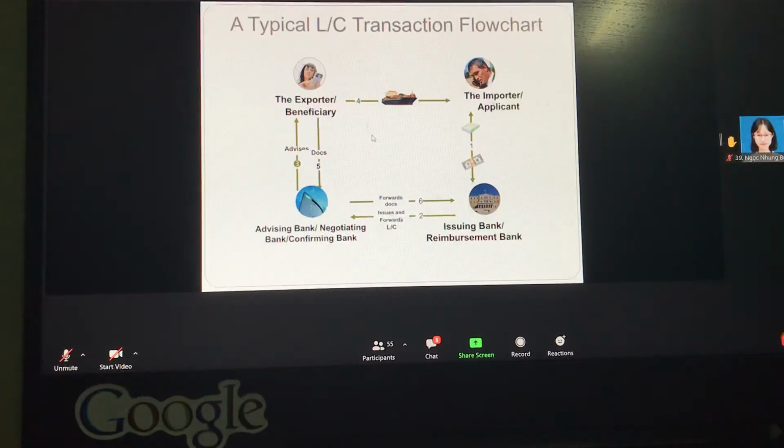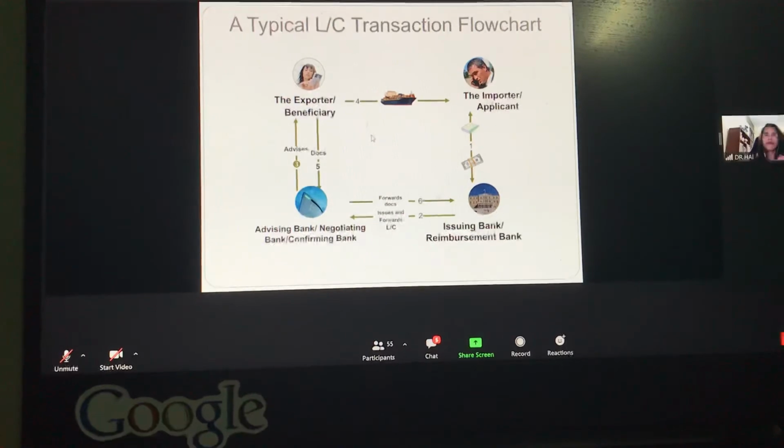Look at step number 6. The nominated bank creates a cover letter and forwards all documents received from the exporter to the issuing bank. Okay, so our question is whether the transaction stops at step number 6. Someone said that it stops because the issuing bank found some mistakes, some discrepancies, between the documents.